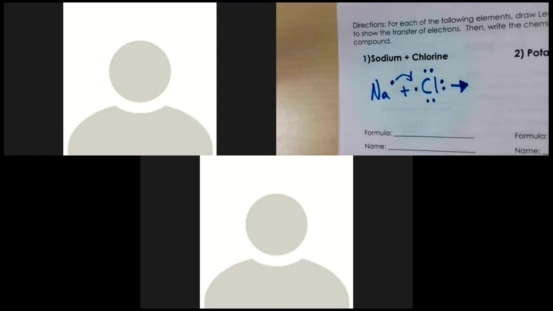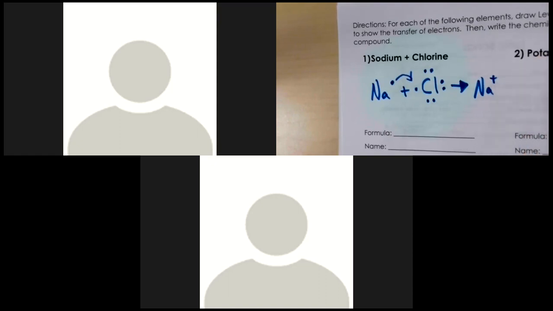But now what you need to do is draw the formed compound. So I still have sodium, but now it has no dots around it, right? Because it gave away its valence electron. So what charge did it get when it lost its electron? If I lose an electron, I become positive.